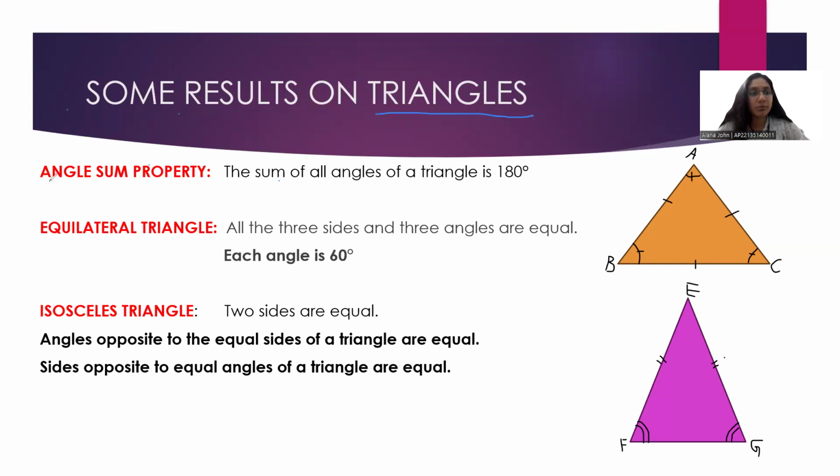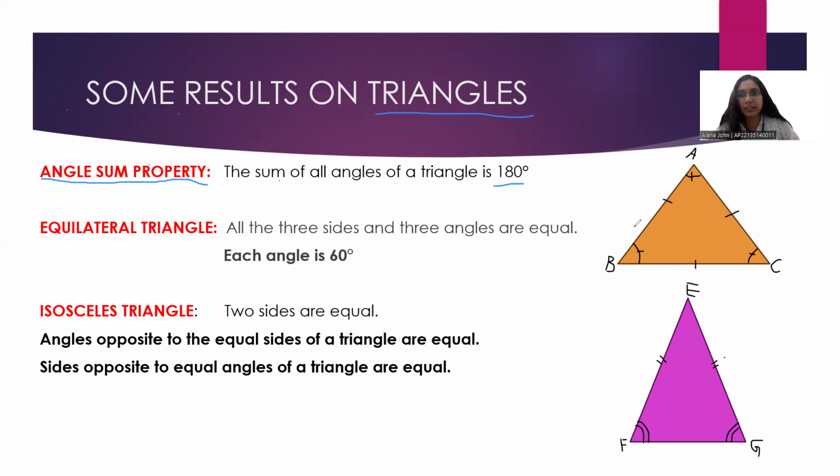One of the most important properties of the triangle is the angle sum property. The angle sum property says that if we have a triangle, then of course it will have three angles. If you add these three angles, the sum will be 180 degrees.